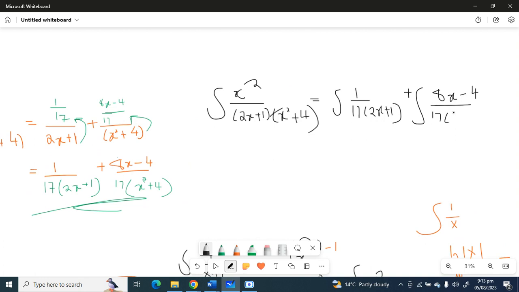squared plus 4. So first thing we need to do, let's just expand the denominators so that we have a proper denominator to integrate. So we have 1 over 17 times 2x, that's 34x plus 17.